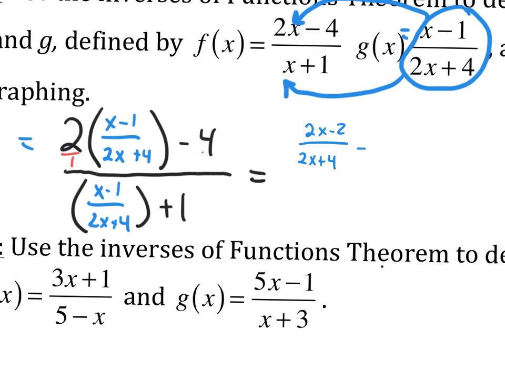In fact, instead of doing the minus 4, I'm going to go ahead and find a common denominator. If I write the 4 with the common denominator, 2x plus 4, then I have to quadruple the 2x plus 4 there.